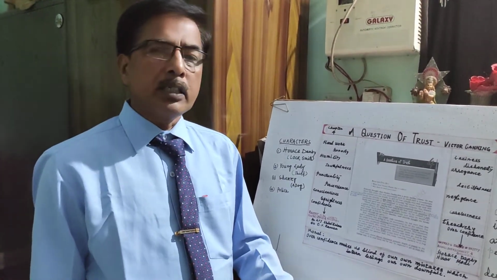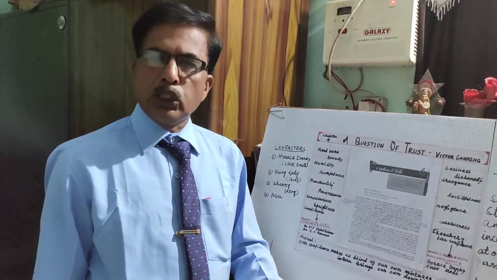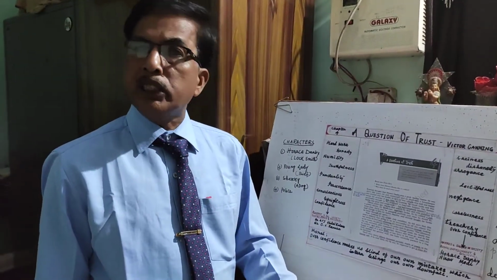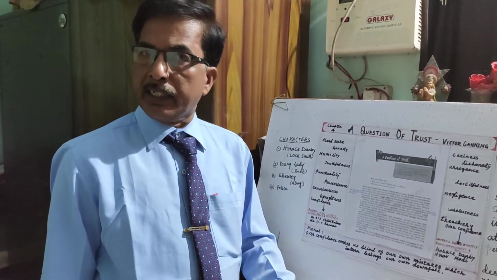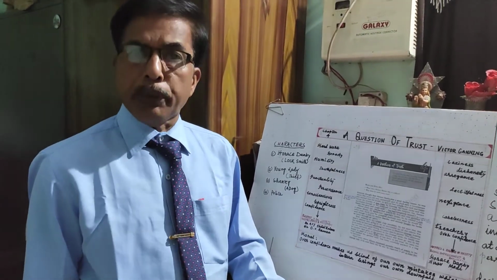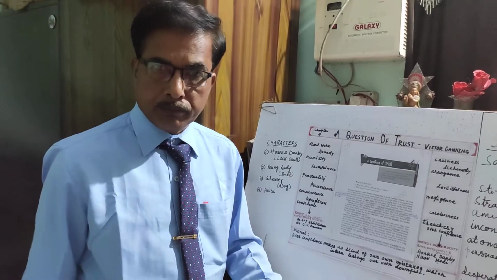Now, this Horace Danby had another interesting hobby. What was that? His hobby was to read rare and expensive books. Students, you know what is rare? Rare means which are not found everywhere, and expensive means costly. This was his hobby.